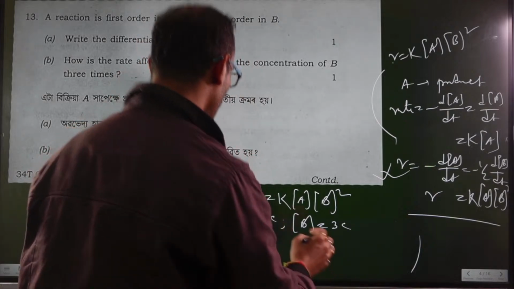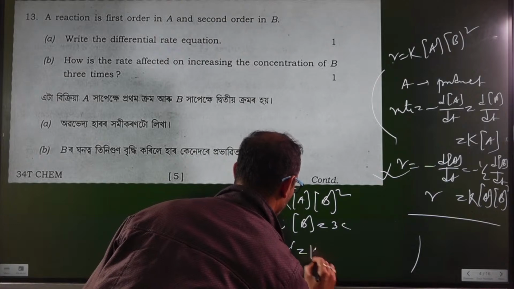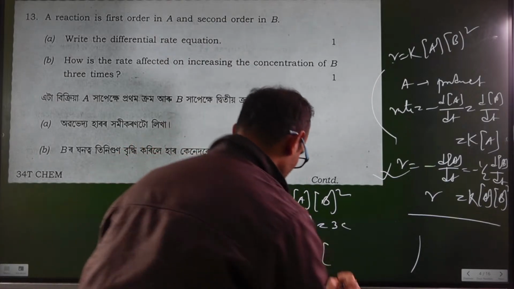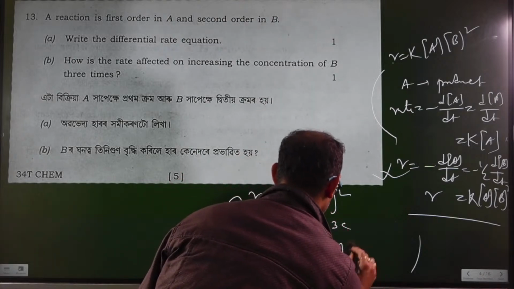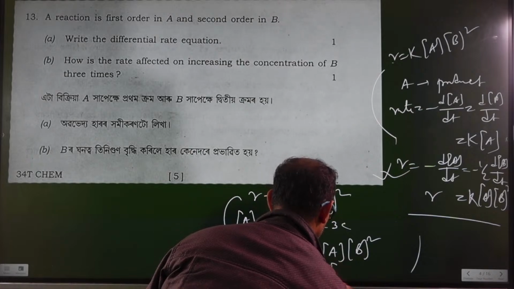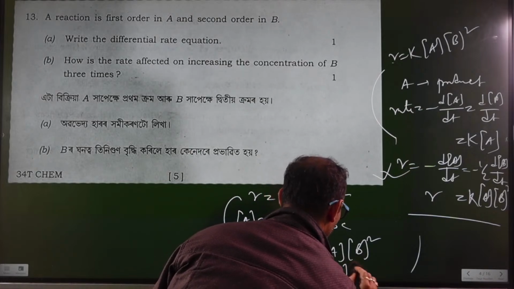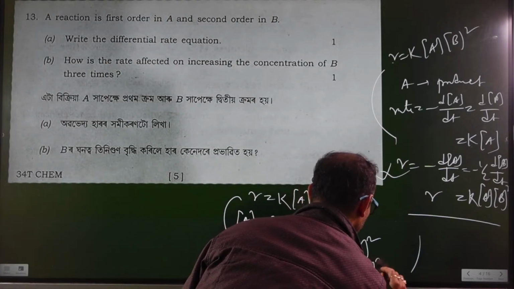So you put it in this expression and the final expression gives you R dash equal to K concentration of A, means C, and B means 3C, squared.